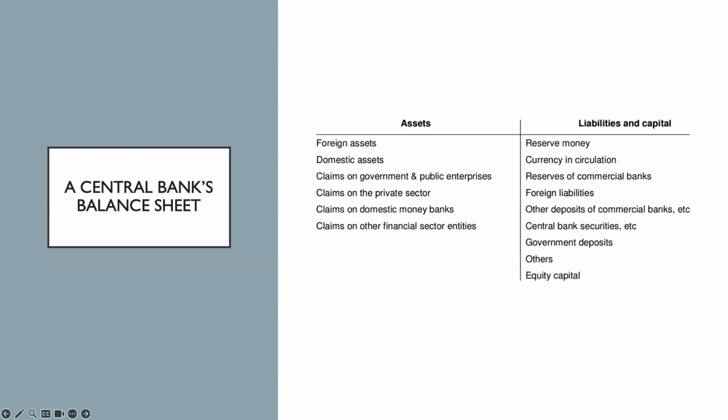A central bank has foreign assets, domestic assets, claims on government and public enterprises, claims on the private sector, claims on domestic money banks, and other financial sector entities. So aside from holding local and foreign assets, they actually have receivables from different sectors.